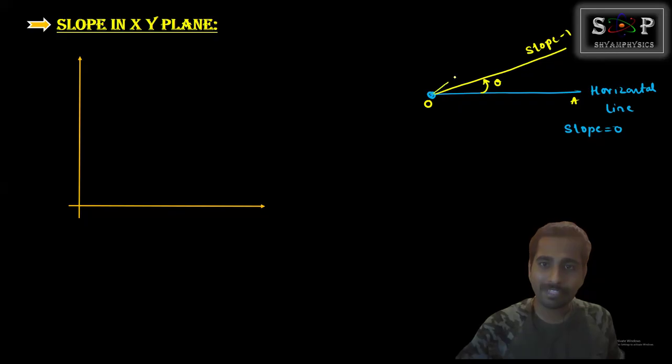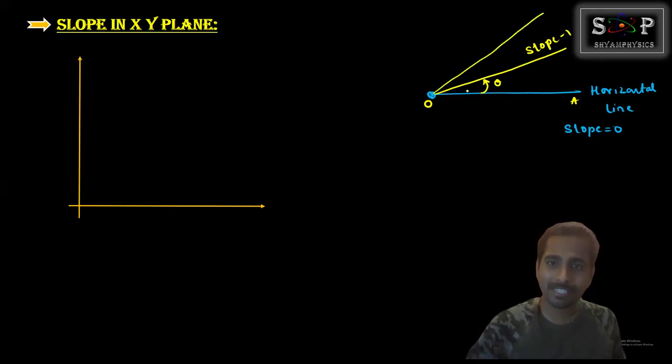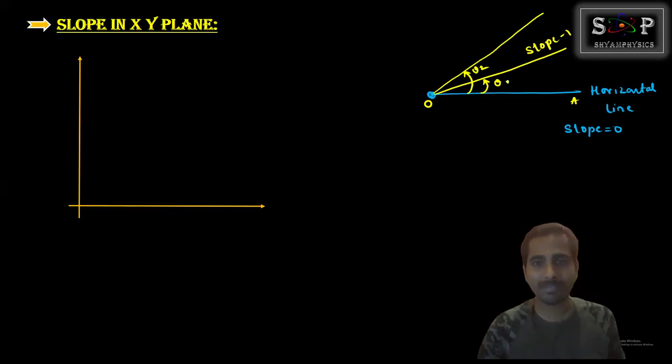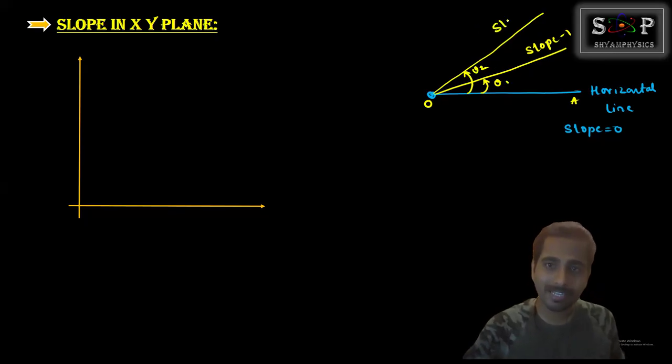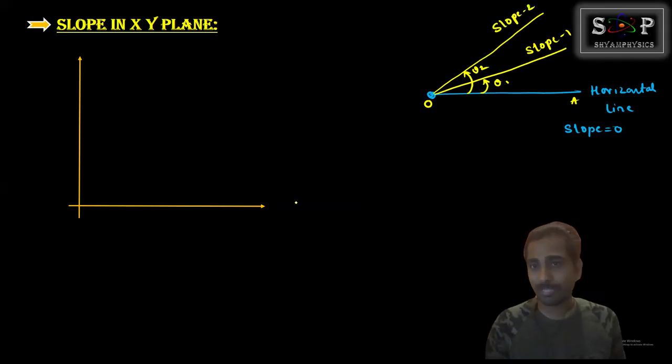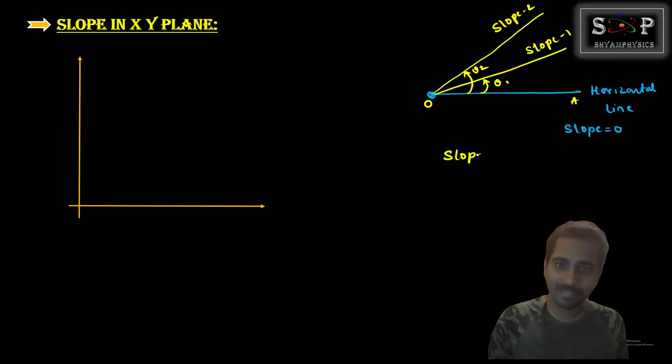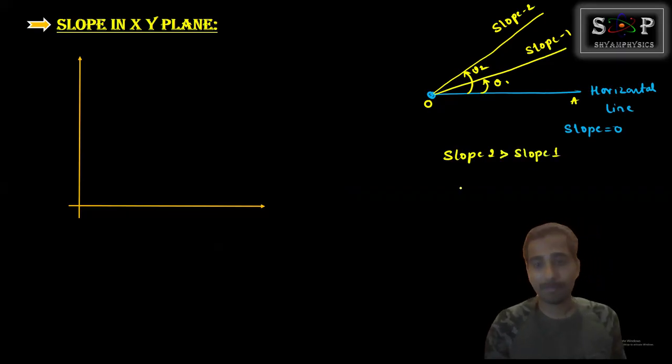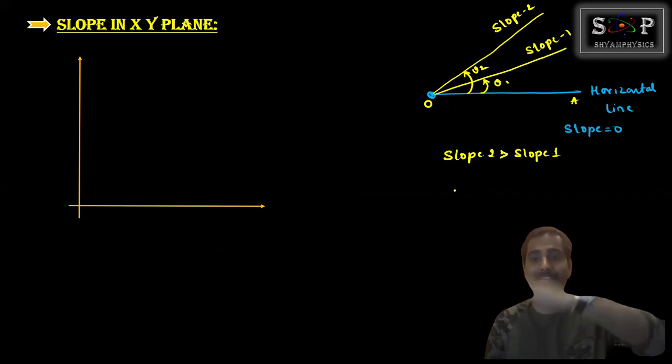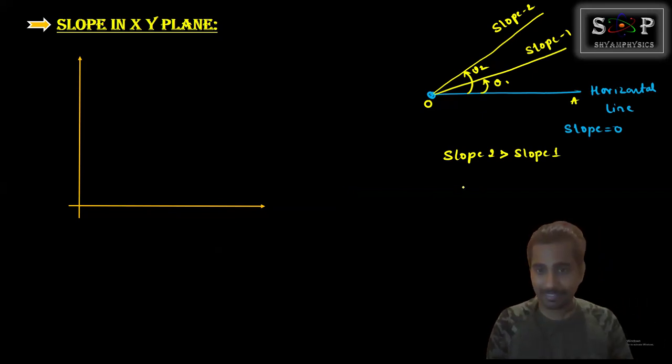Now if I increase the angle, theta increases. I will call this theta 2 and this is theta 1. Now I will call this line slope 2. Tell me, which slope is greater? Obviously, slope 2 is greater than slope 1. Means as the line is inclined more, the slope increases.